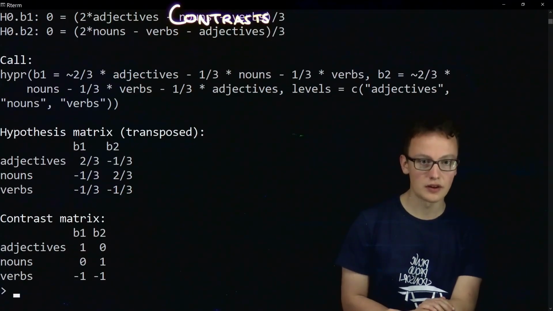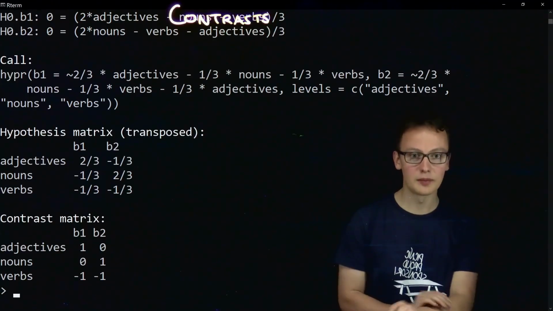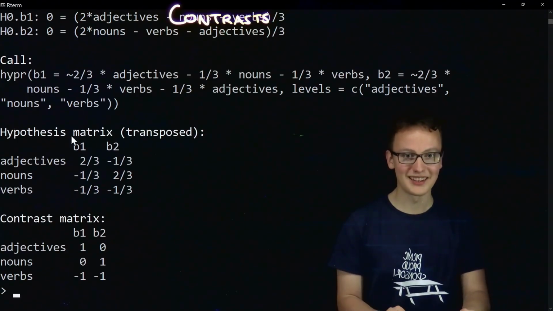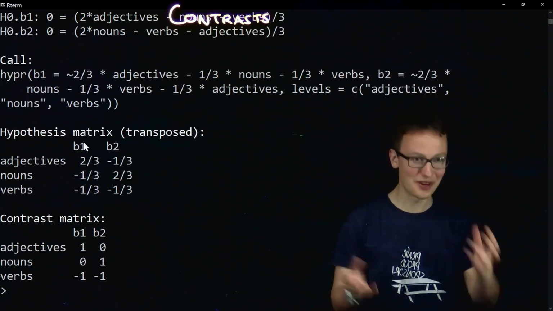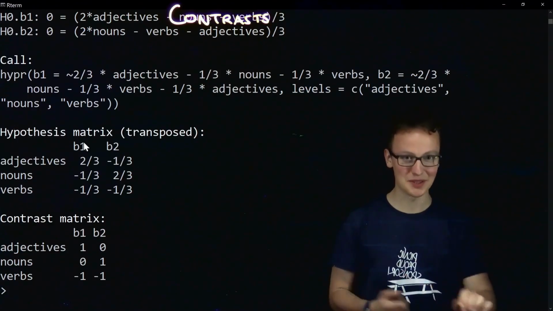Let's verify what this HC is now. As we can see, it's actually an object which already contains the corresponding contrast matrix as well.